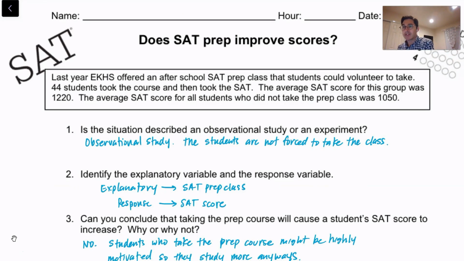All right. So here's some formal language that I want you to add. Use red for these notes here. All right. So an observational study is one in which there's no treatment being imposed on the individuals.